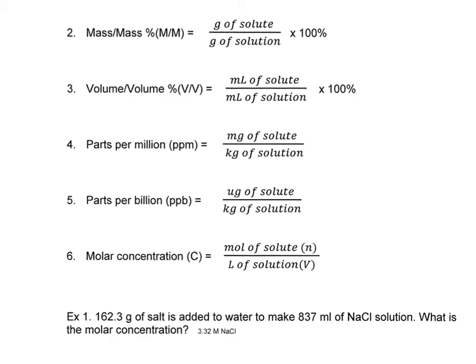Because molar concentration contains moles, it can be linked to the other equations that we've already discussed in Unit 3. Particles equals moles times Avogadro's number, and mass equals moles times molar mass. Here we'll do some examples using molar concentration.